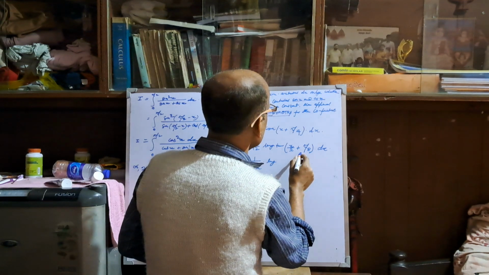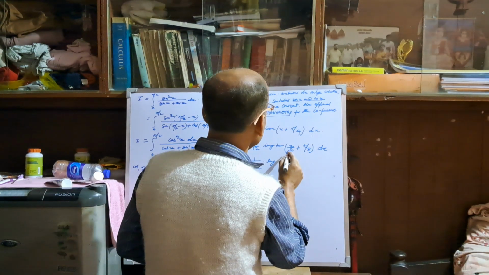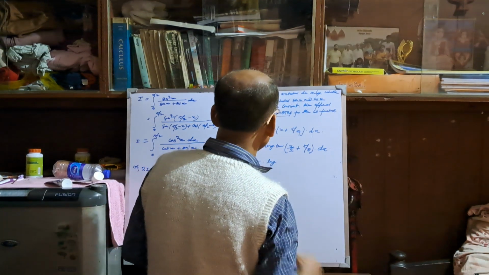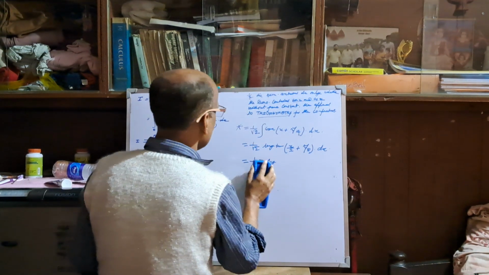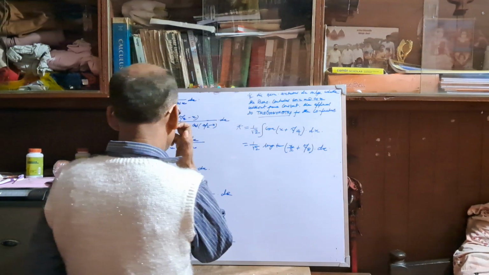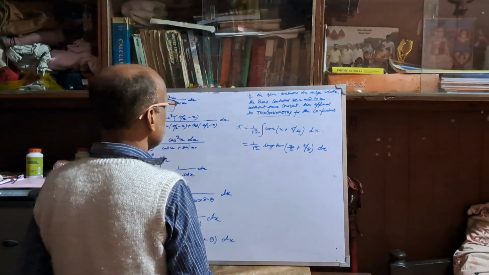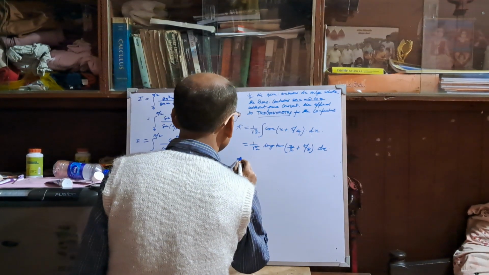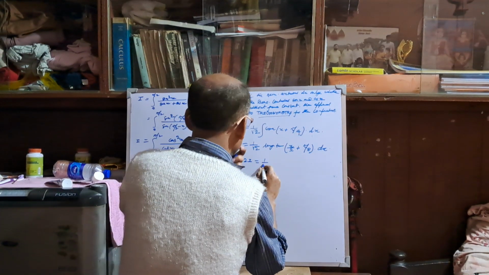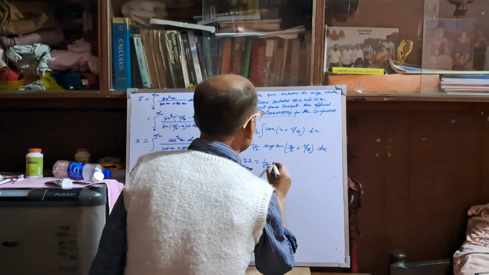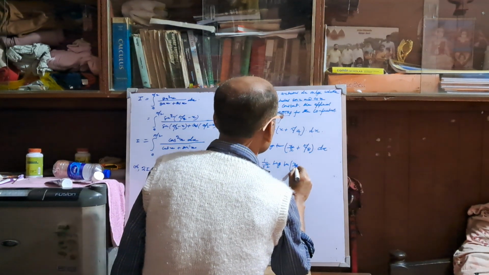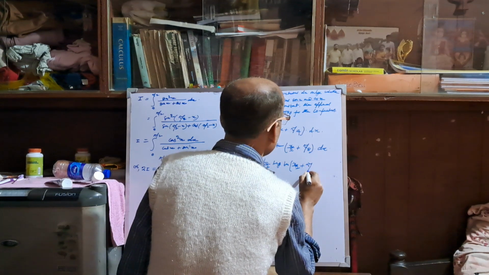So that part, what I will do here, 1 by root 2 is out of the bracket. So now I can put the value, 2i is equal to 1 by root 2 log tan of x by 2 plus pi by 8.